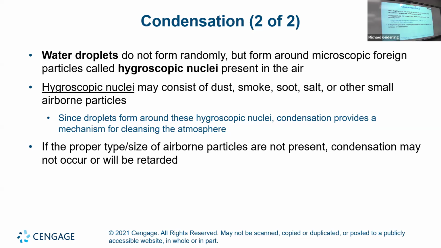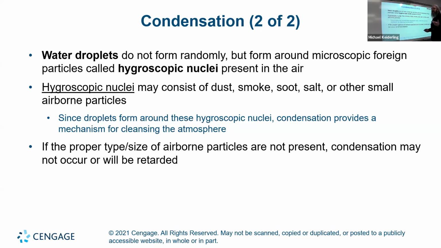And since droplets form around these nuclei, condensation provides a method that cleanses the atmosphere. So this is one of the ways that particles of gunk get removed from the atmosphere.